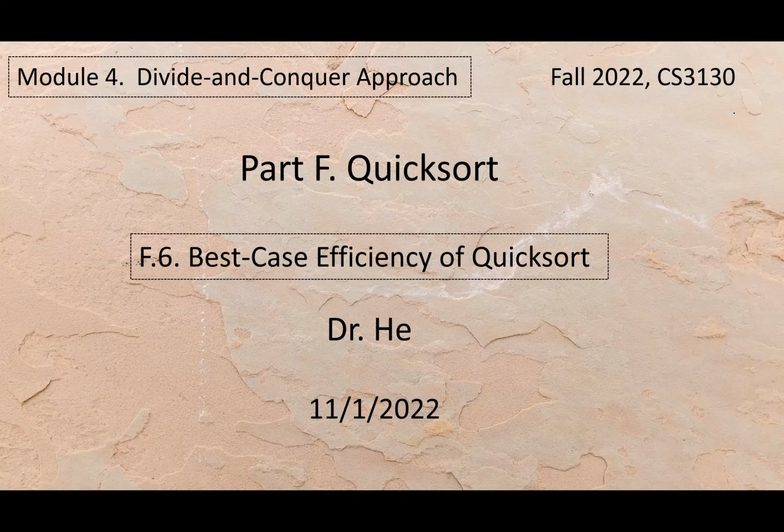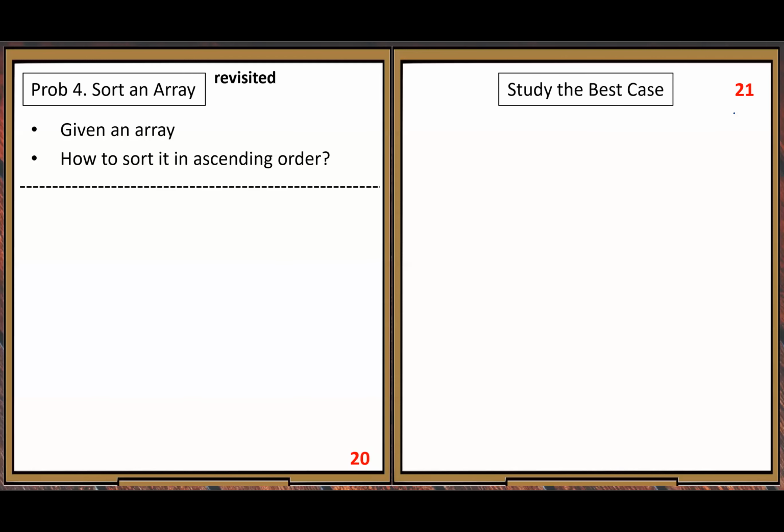The last subtopic: best case efficiency of quicksort. We just look a little bit at the best case. When we get the best case, let us think about that. Here, we do not consider the average case because it is too complicated.